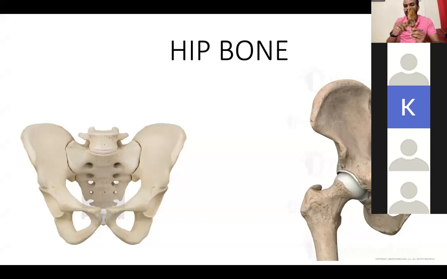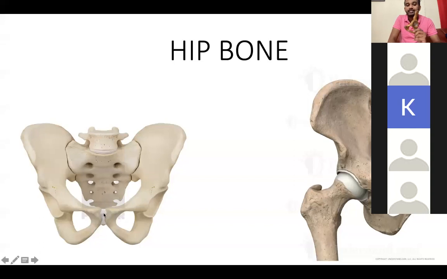These three parts fuse together to form this bone, which we call the hip bone. And we have two hip bones: a right hip bone and a left hip bone. Anteriorly, the right and left hip bones fuse with each other here. Can you see this joint? Yes, sir.